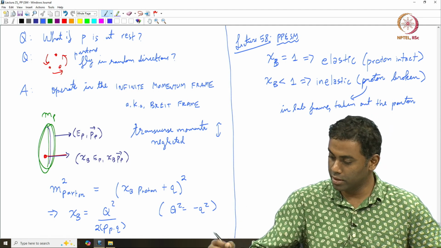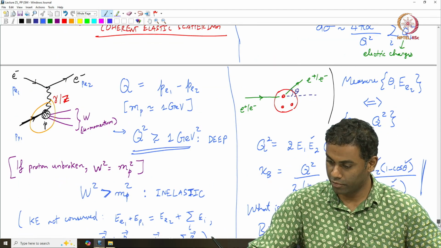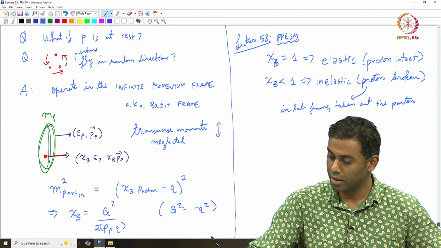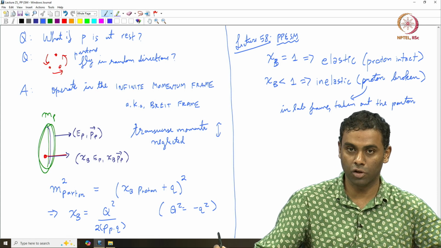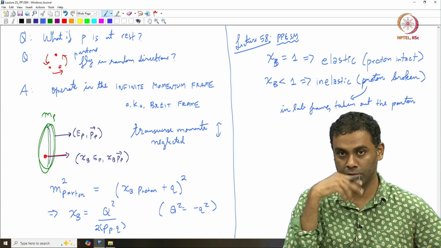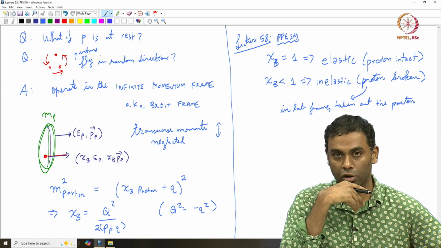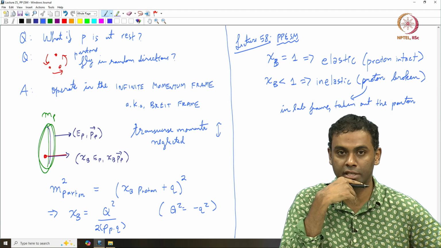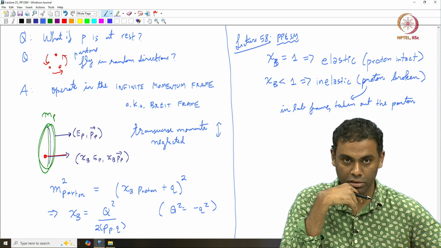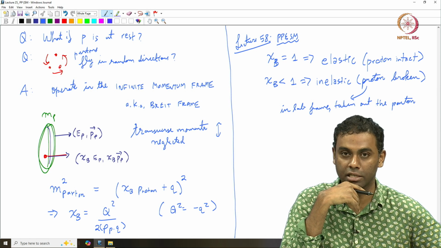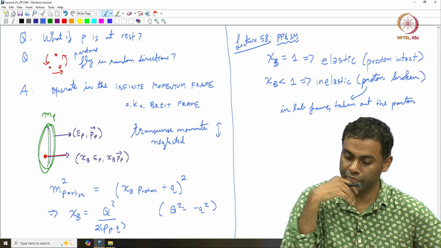So with this in mind, we can now construct a solid approximation for how to think of cross sections of scattering of these electrons on these protons in the deep inelastic regime, okay.